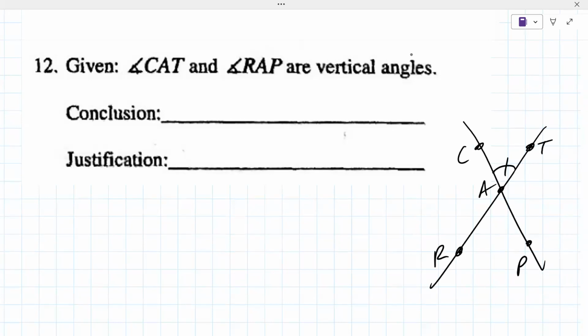So vertical angles are congruent. Okay. So what does that mean about these two angles? They are congruent. Yes. So angle CAT is congruent to angle RAP.